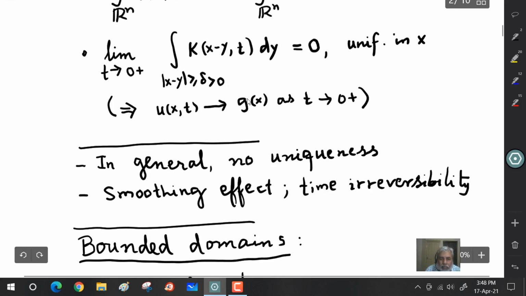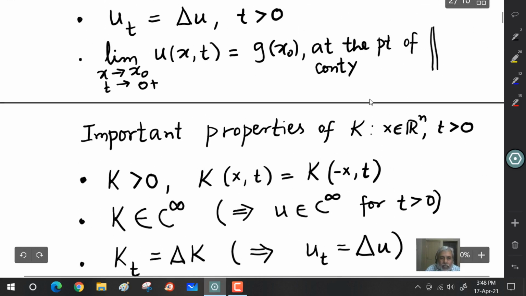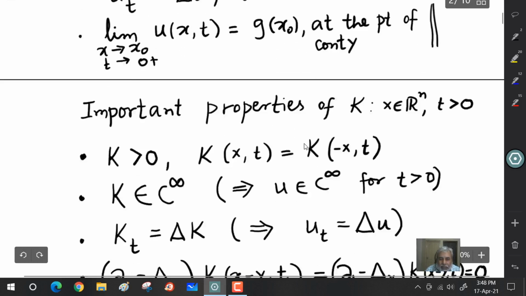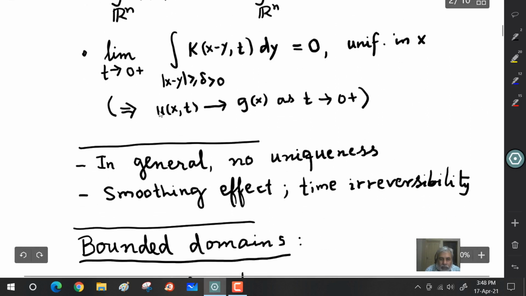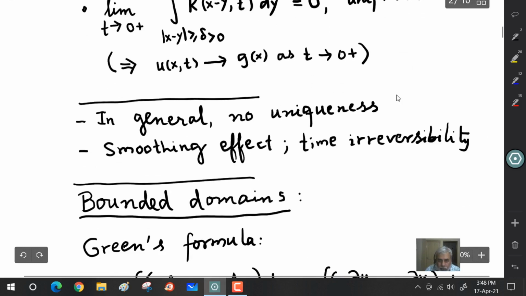And this is used in the verification of the initial condition in the limiting sense. Okay, so this is again important.